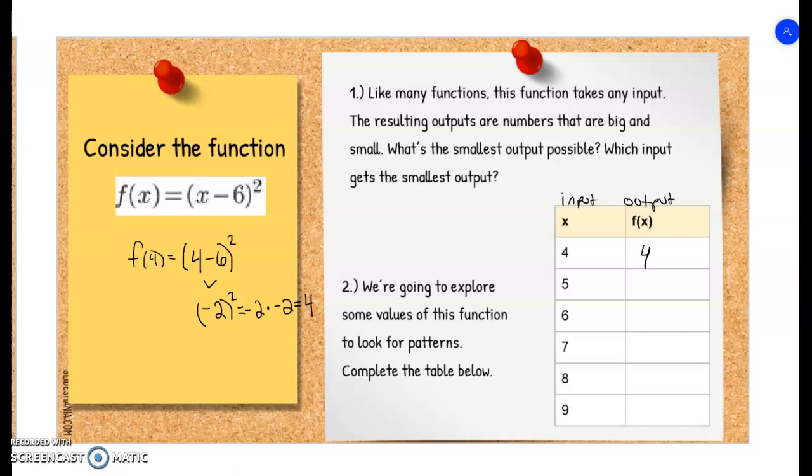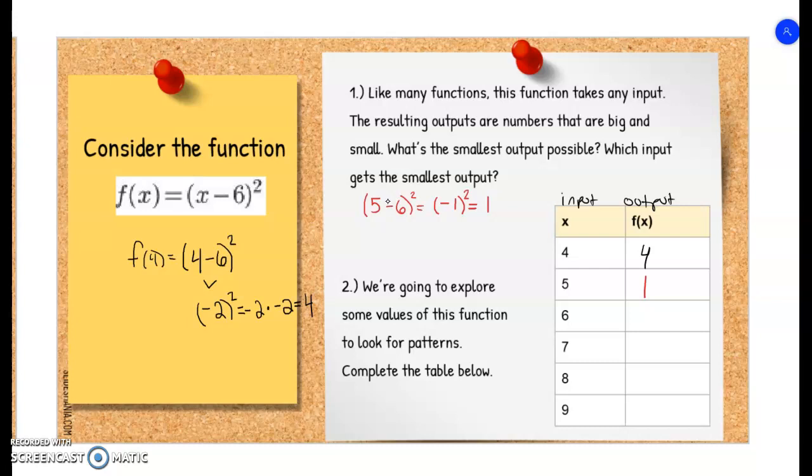Let's try 5. 5 minus 6 squared: 5 minus 6 is negative 1, and if I square that, negative 1 times negative 1 is a positive 1. So there's my answer there.